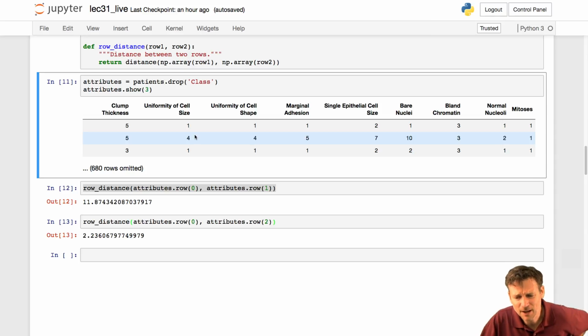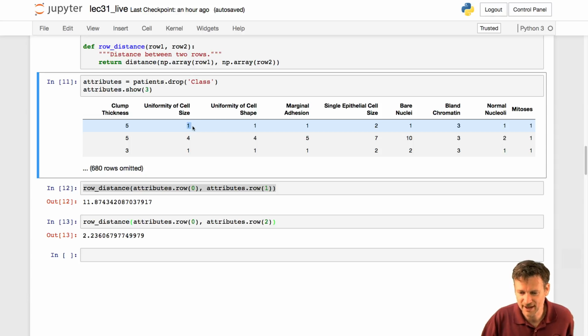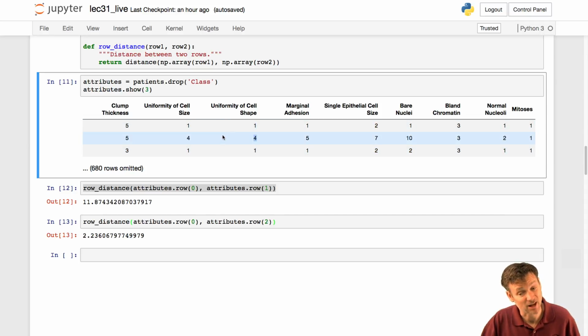And if we actually look at the numbers here, that kind of makes sense. Patient 0 looks like they have a lot of small numbers. Patient 2 has a lot of small numbers in the same place. So patient 0 and patient 2, they're looking pretty similar. Not identical in their numbers, but they're pretty similar. Whereas if you look at patient 0 and patient 1, they look pretty different.